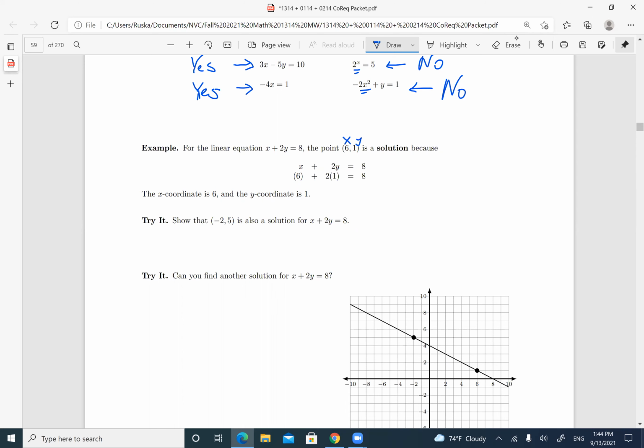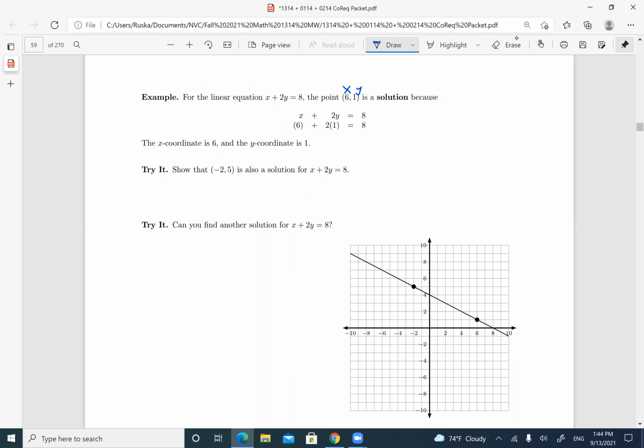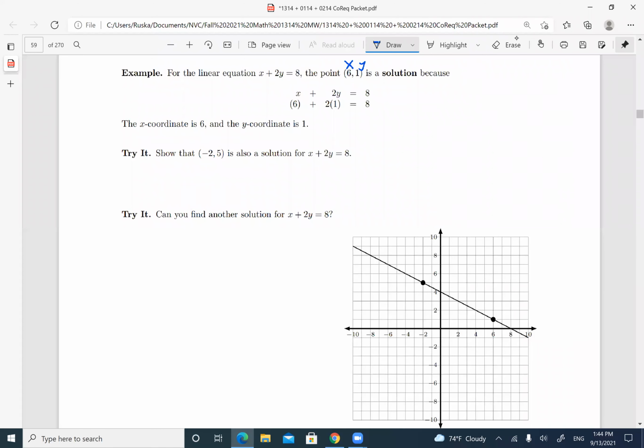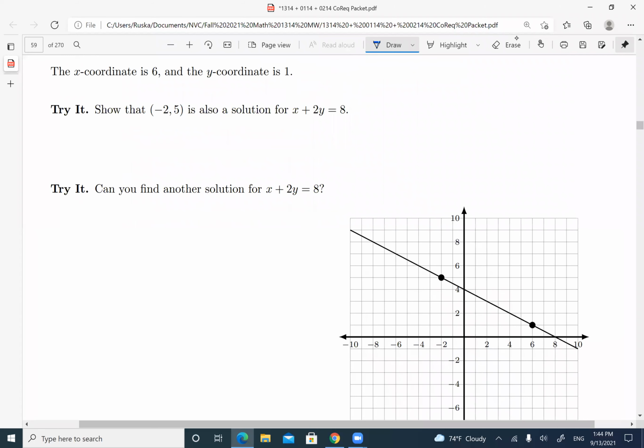So let's try the next one. Here they give me the point (-2, 5). The first number is x, the second number is y, and this is the equation you're going to follow. So you replace x with -2, plus 2 times y, which is 5, equals 8. Let's check if this is correct.